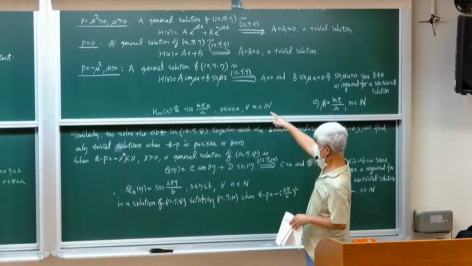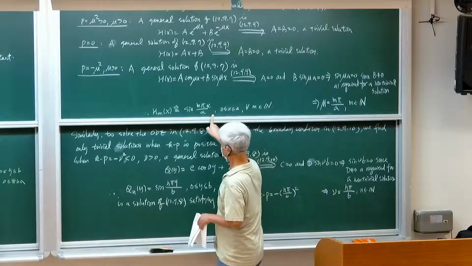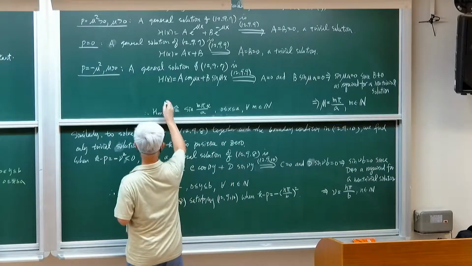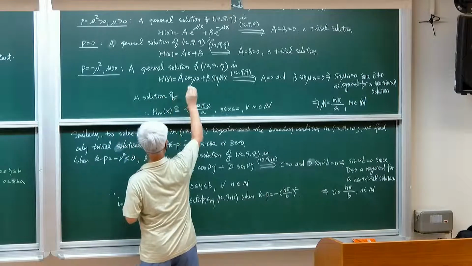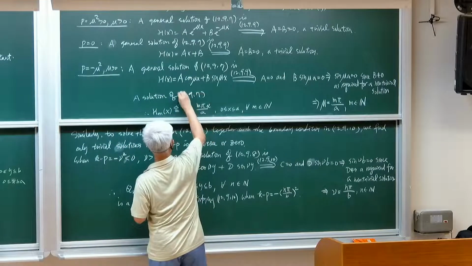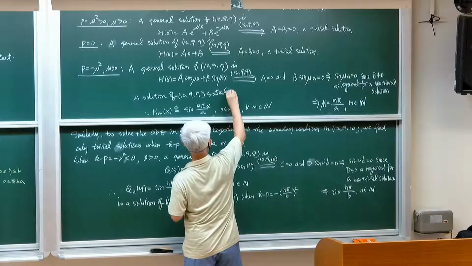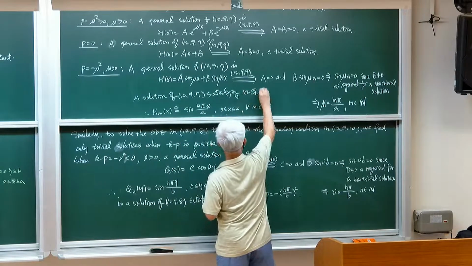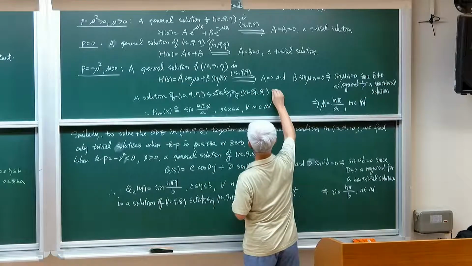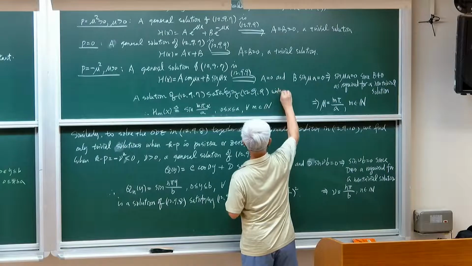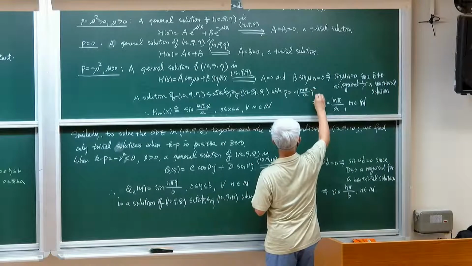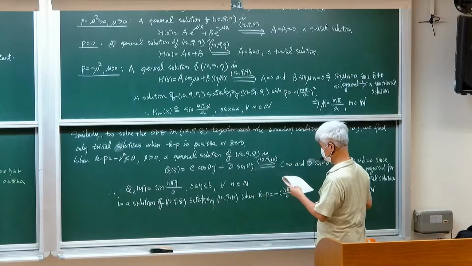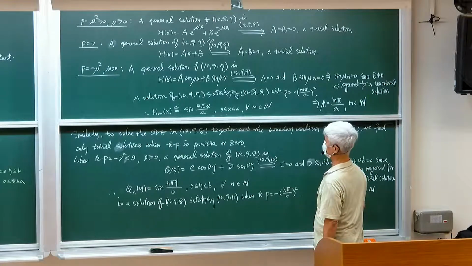And also this one, let me say, a solution of 0.7 satisfying, with p equal to minus (m pi by a) squared.